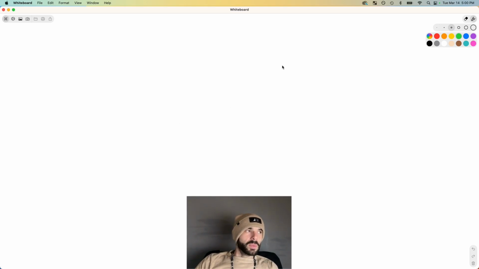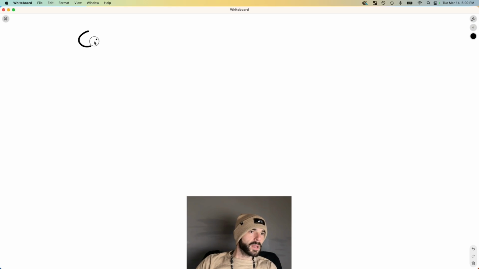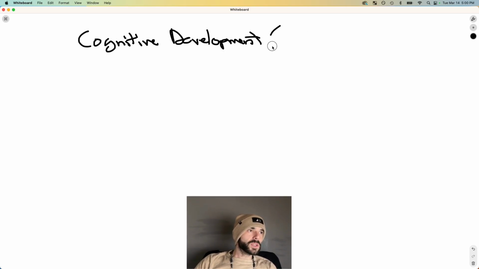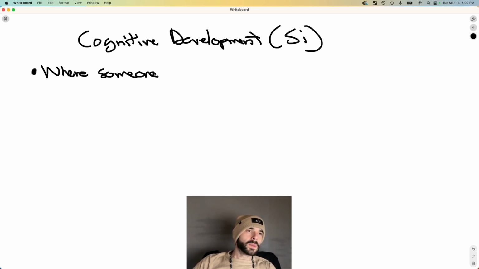Let's do a little bit of a visual diagram where we can really discuss that at length. So, cognitive development. Oftentimes, Chris Taylor has talked about cognitive development being the great SI, whereas cognitive focus is the great NI. What does that mean? This is where someone has been.